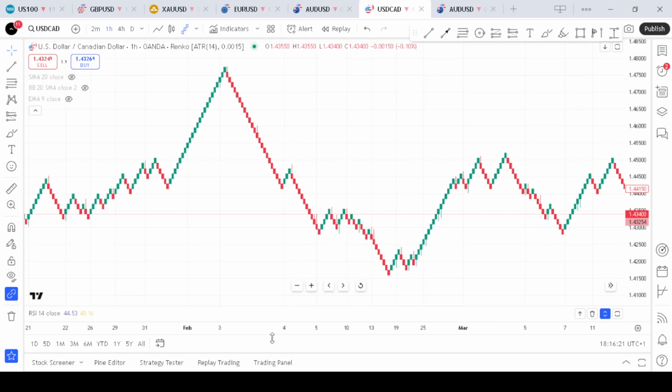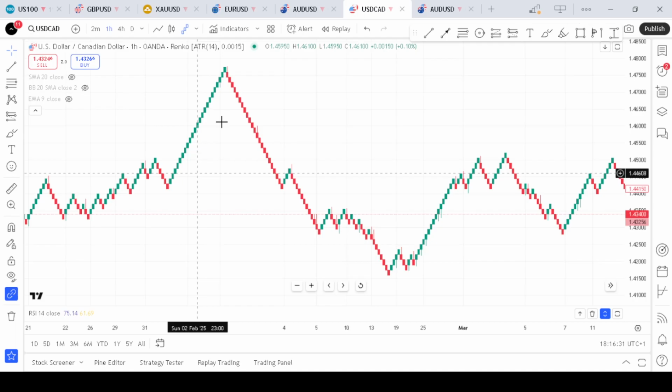Now, the best indicators we can use for our Renko charts are, the first one is our moving averages. Moving averages are versatile indicators that smoothen out price data to create a single flowing line. They work exceptionally well with the Renko chart due to the ability to highlight trends and filter out noise.